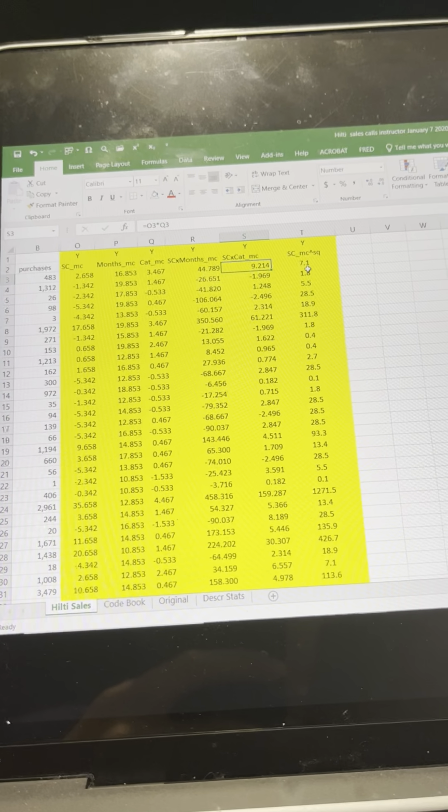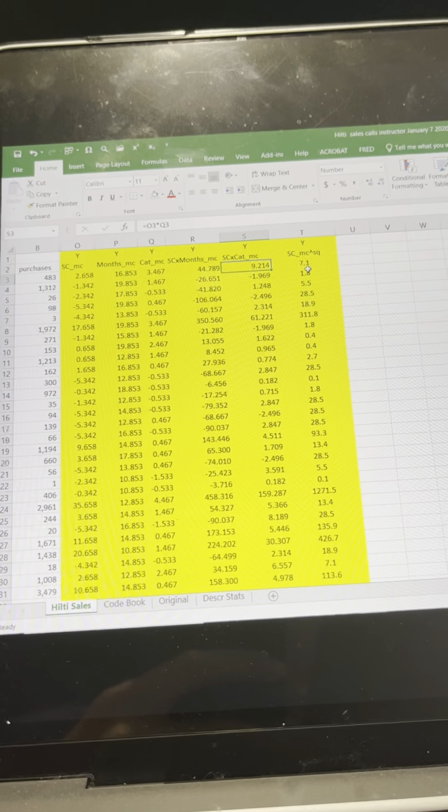So what I'm saying is that what if sales calls mean centered equals 5? We switch from 0, average, to 5 above that average.